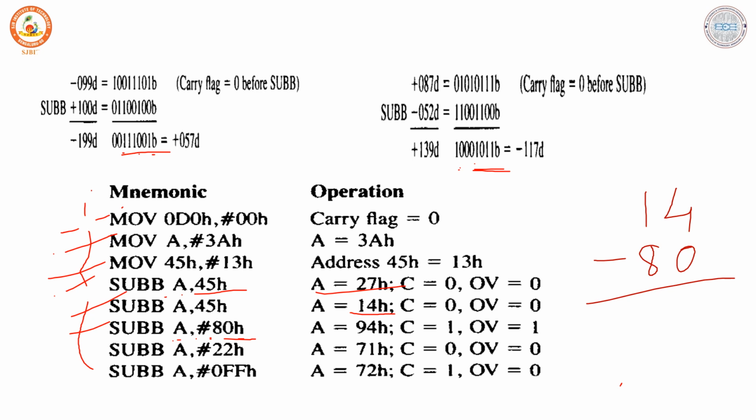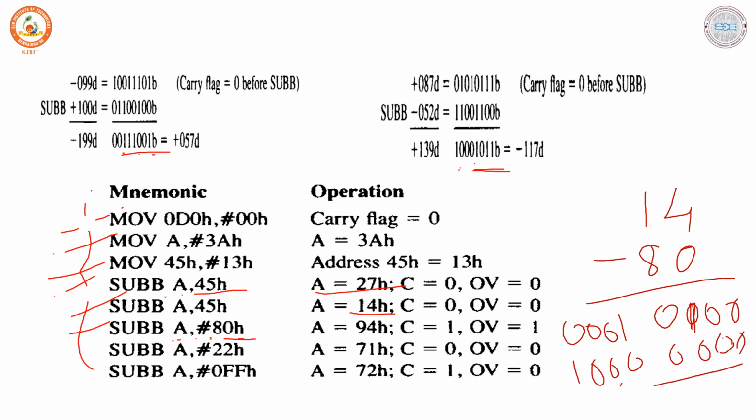So when we are performing this particular condition, I require a borrow, right? So let me elaborate this. 14H is 0001 0100. Now 80H is 1000 0000, right? Now when I do this, it becomes 0110 1100. There is a borrow which is required for the 7th bit.